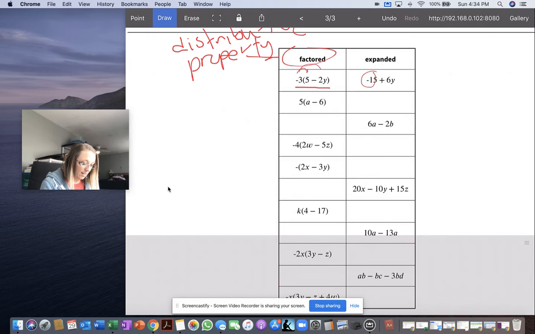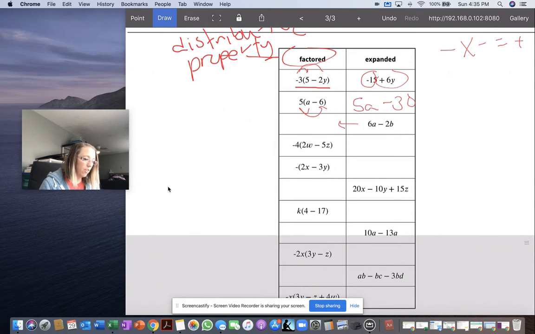Negative 3 times a negative 2, a negative times a negative equals a positive, right? You get positive 6y. Then you're just going to expand 5 times (a minus 6) like we already know how to do. You know how to do this. You are good at it. 5a minus 30.